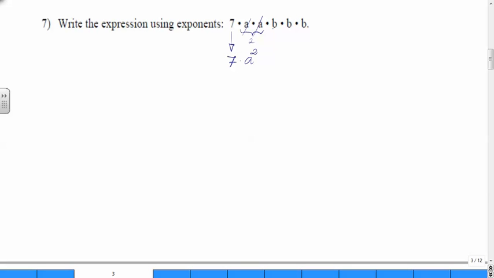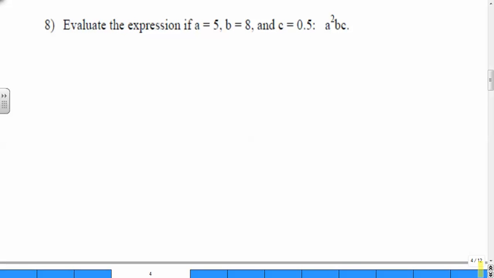B's, I have 3 of them. So that would be B to what power? Well, how many times is that B showing? 1, 2, 3. B to the third power. And here you are. You just solved another problem because you are good, or because who's your math teacher, right? Well, whichever is the best answer for you, go for it, but you solved it.